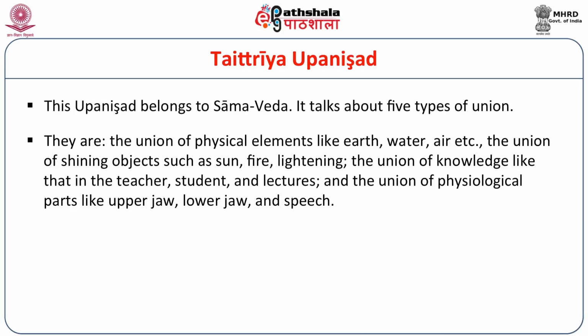The union of knowledge like that in the teacher, student, and lecturers. And there are 2 more unions. They are the union of physiological parts like upper jaw, lower jaw, and speech.